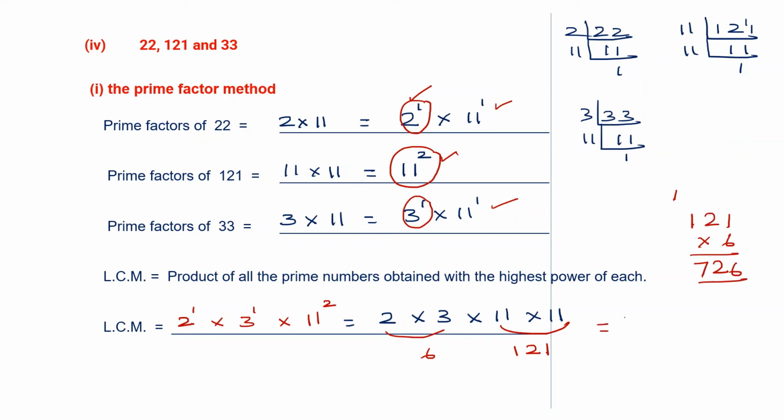So the number is 726. So we have found the LCM of 22, 121 and 33 to be 726. This is my final answer.